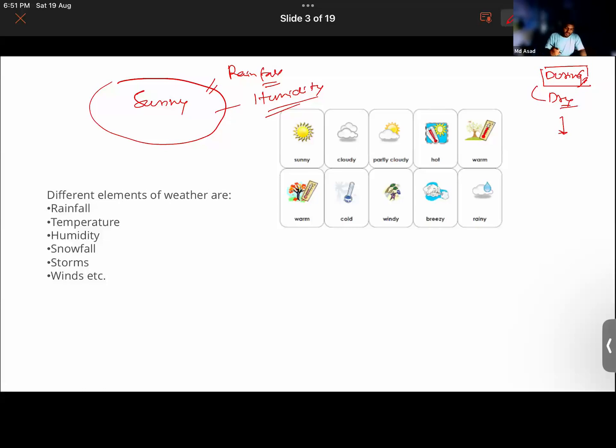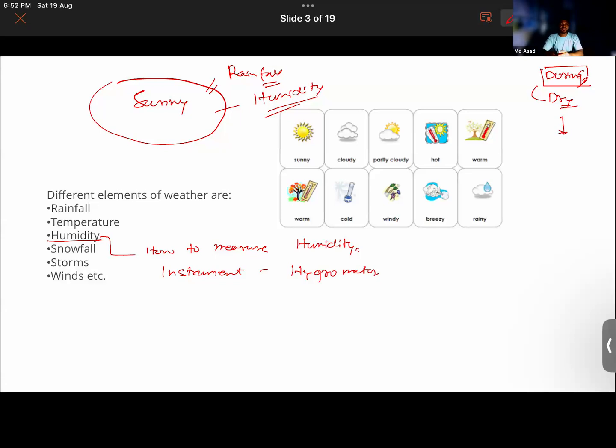Now the question comes here: how do we measure humidity? To measure the presence of water vapor in the air, we have an instrument called a hygrometer.